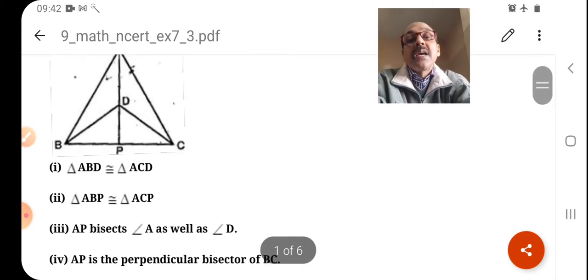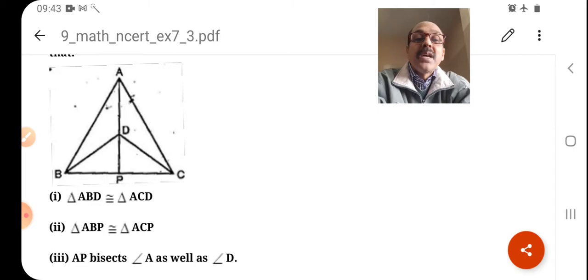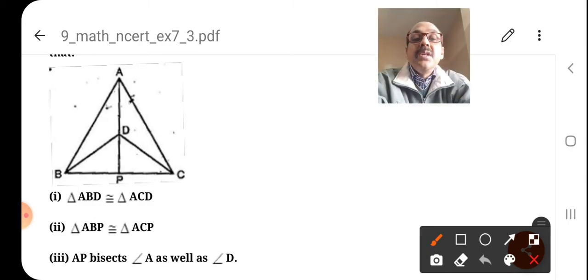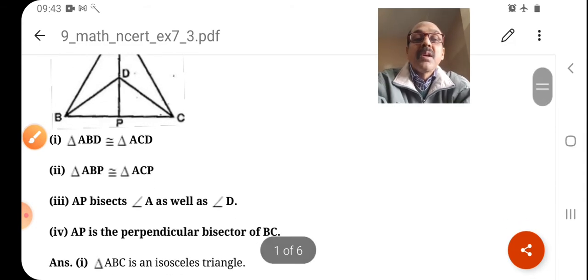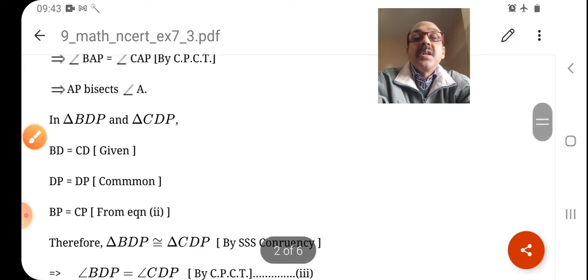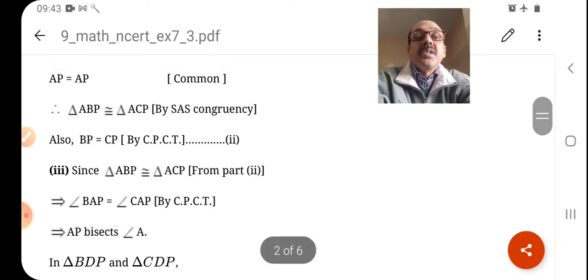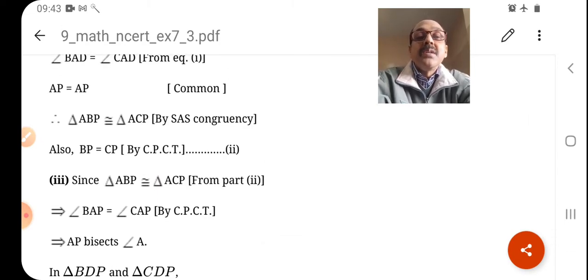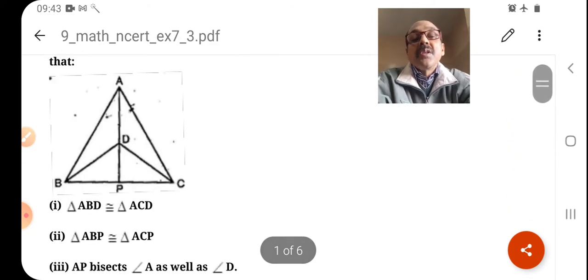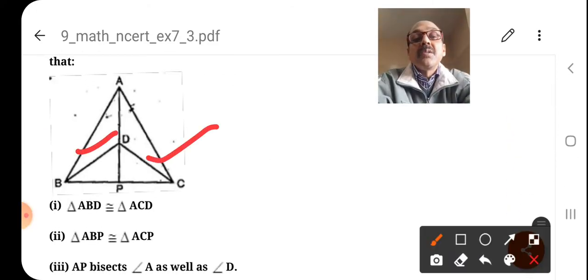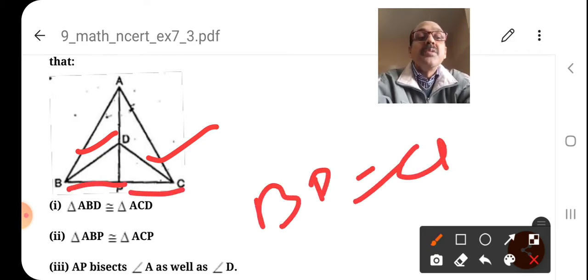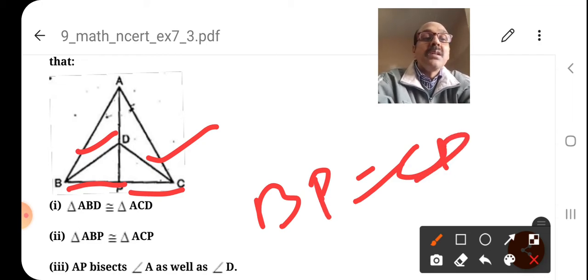One is side, one is angle, and the third is side. So by SAS congruency, side angle side, triangle ABP is congruent to ACP. By CPCT we can say BP equals CP, their corresponding sides are equal.